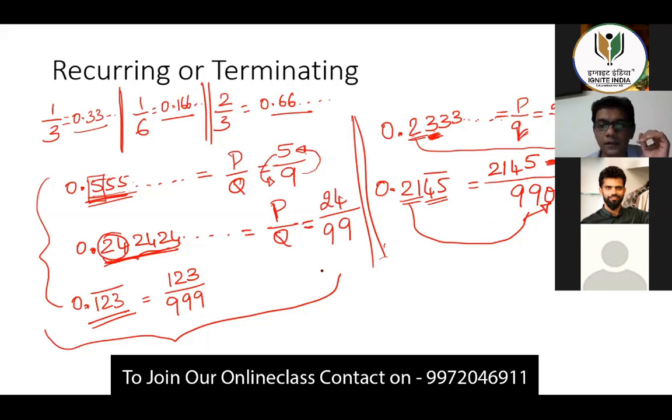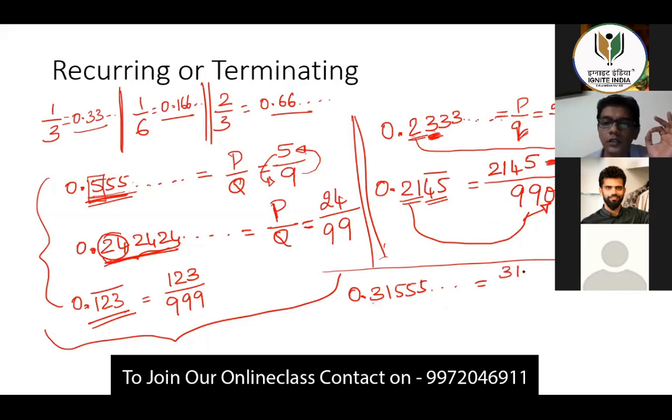One last example here I will do. Let's say I have 0.315555, right? So I realize that 315 are the unique digits here. I subtract 31 from it. That becomes my numerator.